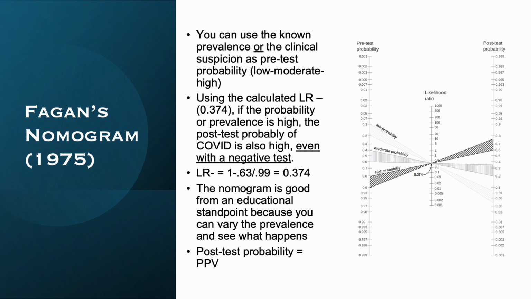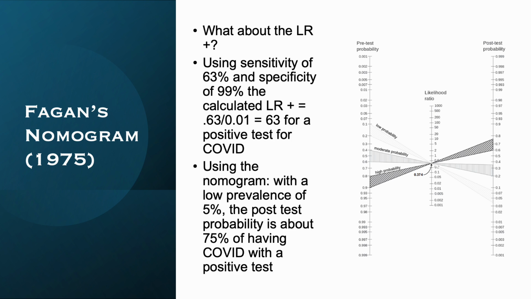If the probability is high, the post-test probability of COVID is also high, even with a negative test. So this nomogram is good from the educational standpoint because you can experiment with different probabilities and prevalence and see what happens. And for all intents and purposes, the post-test probability is the positive predictive value.